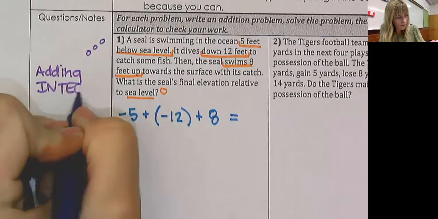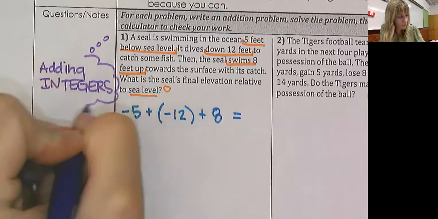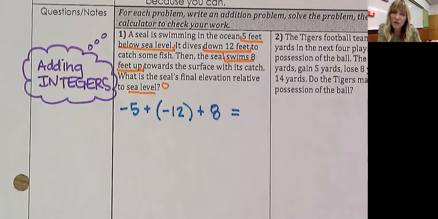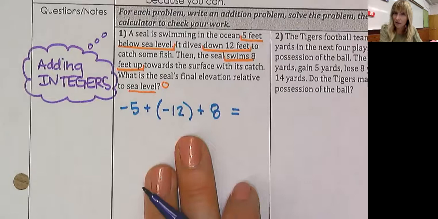Integers are one of those situations where in real life you're going to be a more efficient mathematician. Efficient means quicker and correct more often. You're going to be a more efficient mathematician if you can deal with integers without a calculator.